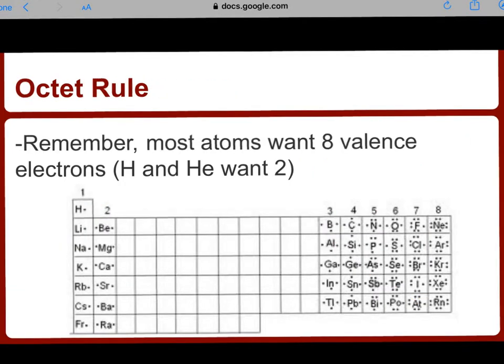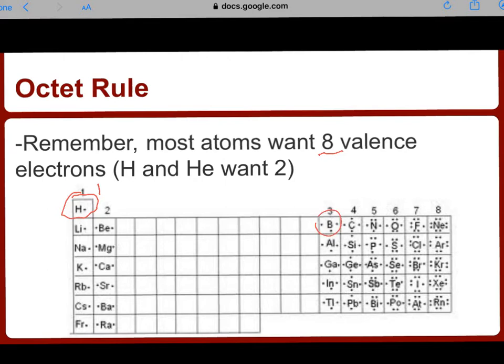So recall the octet rule. Most atoms want 8 valence electrons. Octet, like an octopus has 8 arms, 8 valence electrons, with the exception of hydrogen and helium. So hydrogen over here only wants 2. That means hydrogen, since it has 1 valence electron, wants 1 more.